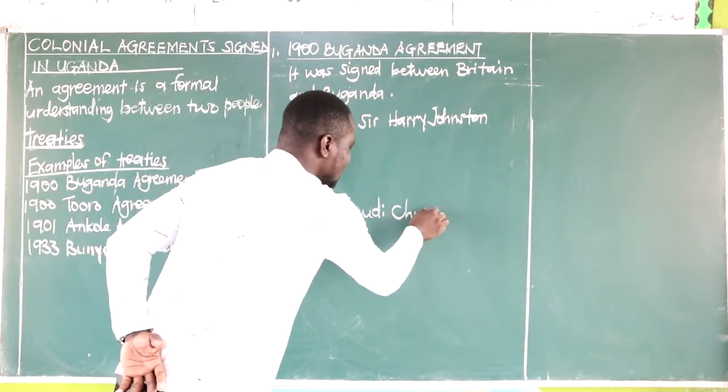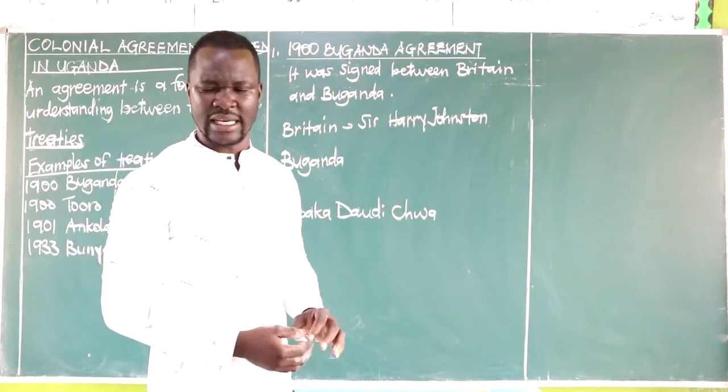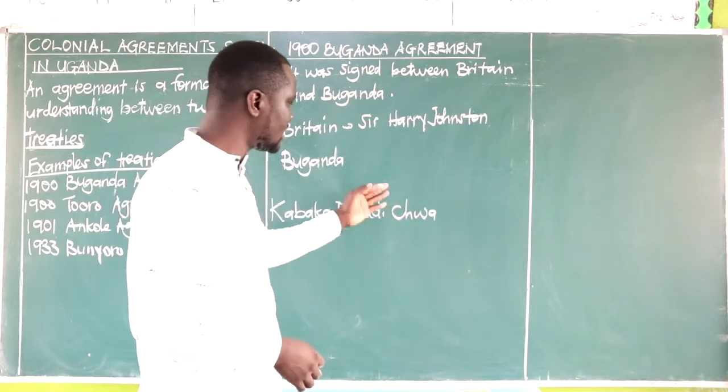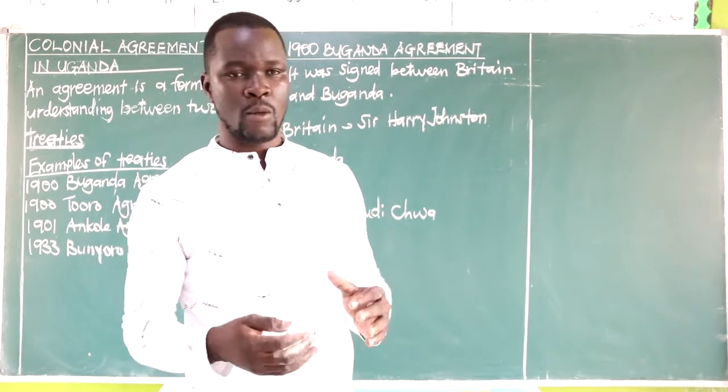This king was a very young king, an infant, a child. He was installed as king after the death of his father, Kabaka Mwanga.